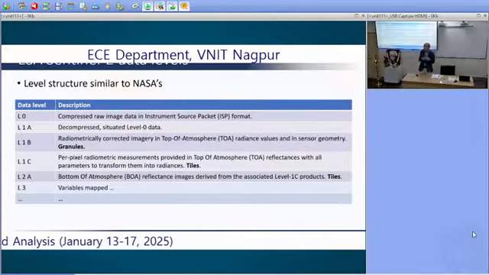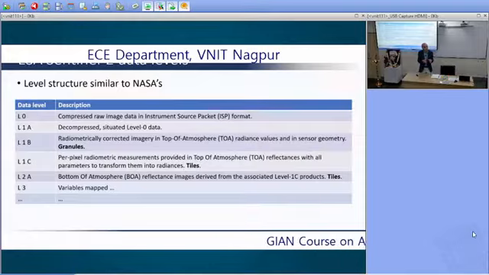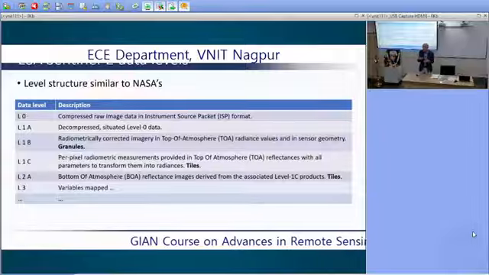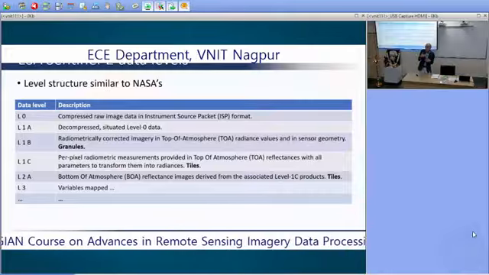Level 3 data variables could be, for example, the density of vegetation. That's how remote sensor data becomes an estimation of a biophysical variable derived from data. It generally has the same form.